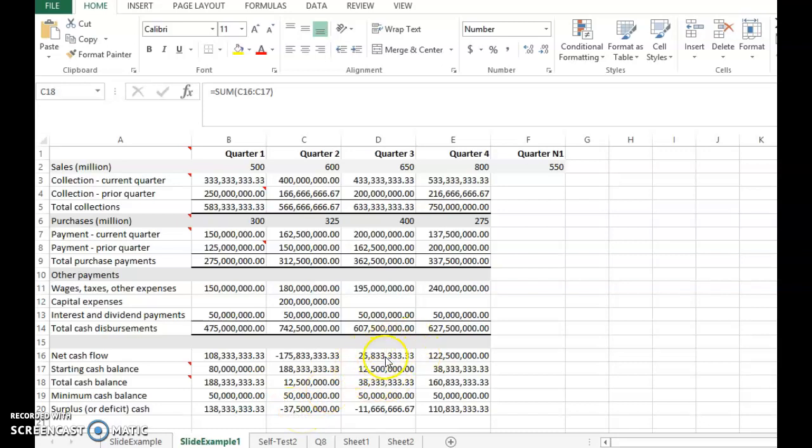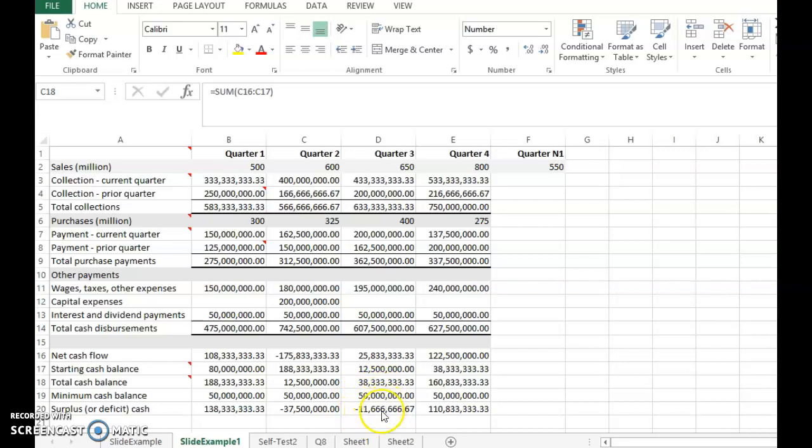Now, in the third quarter, you have a net cash flow, which is this total collections minus total disbursements, which is 25.8 million roughly. Okay, and you have the starting cash balance from here, 12.5 million, so a total cash balance of 38.3 million. Still, it is short of this 50 million cash balance minimum that you want.